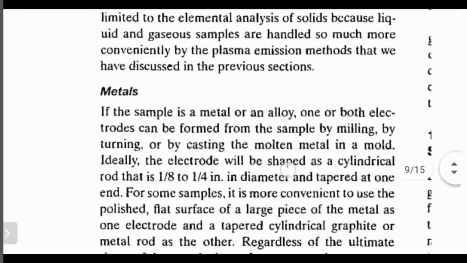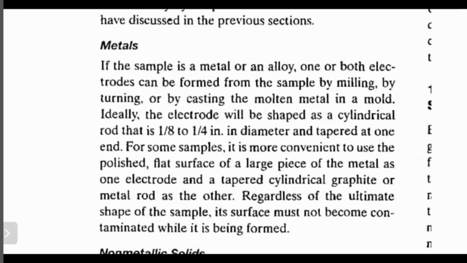So to handle the metal elements, there are three processes: milling, turning and casting. Using these three processes we can generate the electrode. The shape of the electrode is cylindrical, and its diameter is 1/8 or 1/4 of an inch, and the electrode is tapered along one end for the sample introduction.